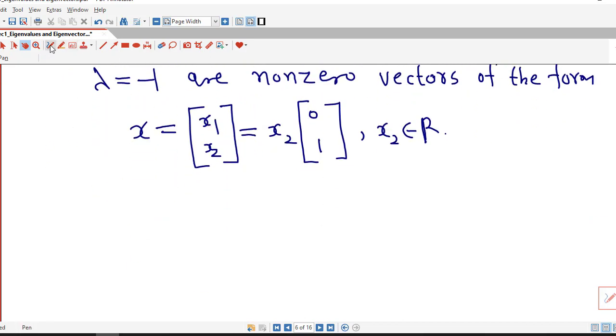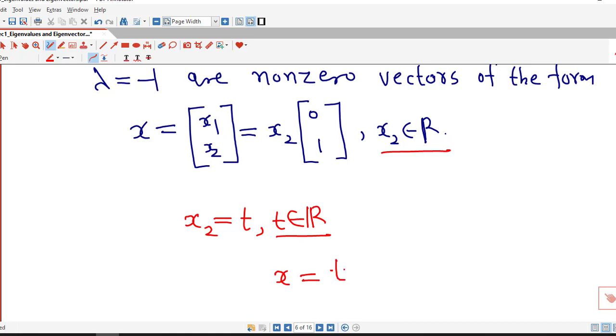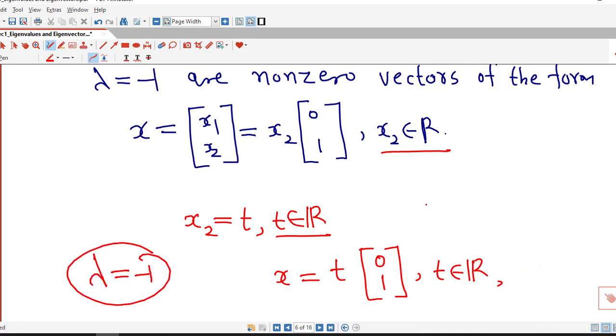Now if you wish, you can assume x2 is any real number, so you can write your solution in this way also. We can write x2 equal to t, where t is any real number, and we can represent our eigenvectors in this form t(0, 1), where t belongs to R. So these are the eigenvectors corresponding to lambda equal to minus 1.